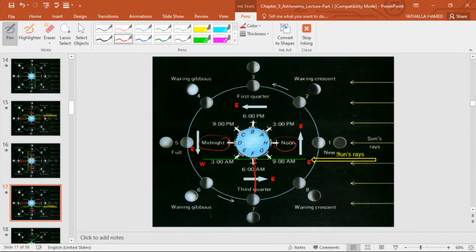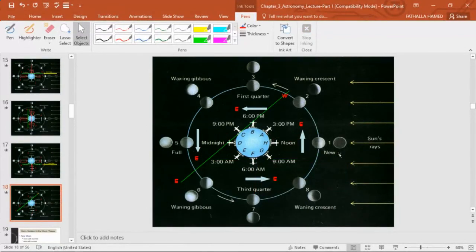Because of the sunlight, so you need dark skies. So for a crescent, you can only see it after sunset when it is a new crescent. That means waxing crescent, or you can see it before sunrise during the morning sky, but you need dark skies.